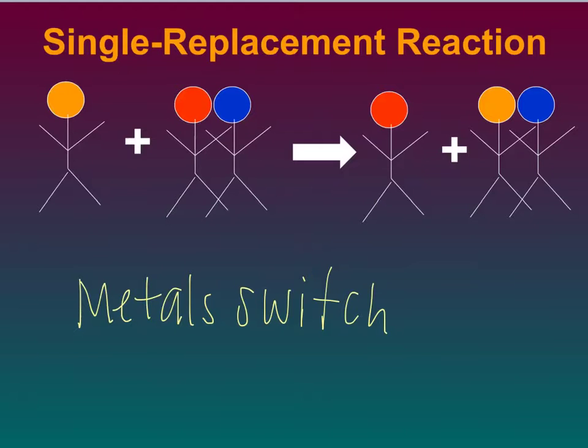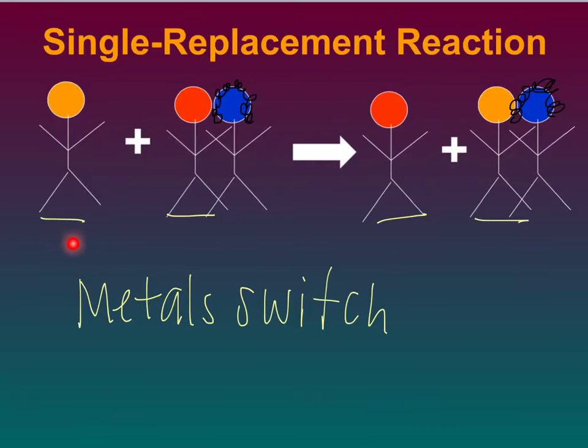Notice in a single replacement reaction, we're going to treat this almost as if we have couples. Let's say that this person with the blue head is the girl. So here's our girl. We have a boy and a boy. Same thing on this side. Our boys are going to act as our metals.